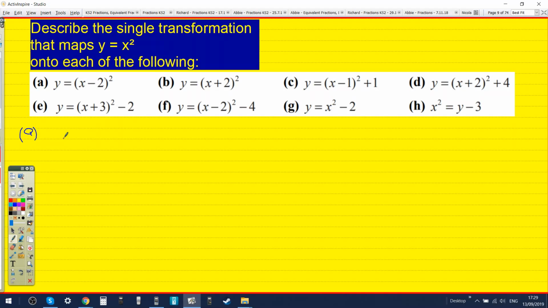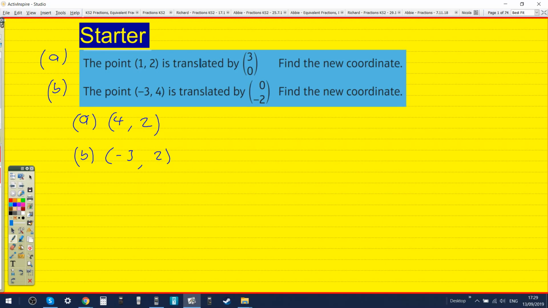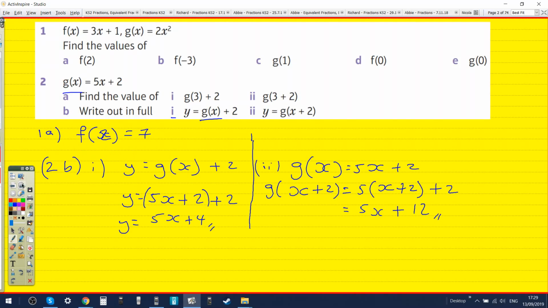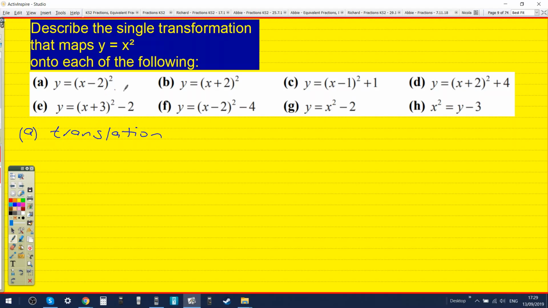No. That's called a translation. So, if we go all the way back, this one, translation. This is why we did that starter. So it just moves it left or right, up or down. This one was a translation, and we do it as a vector. So it moved 2 to the right, and then 0 up or down. And all of these will be translations, I believe. If it's a plus or a minus, like if it's adding or subtracting, then it's just a translation.